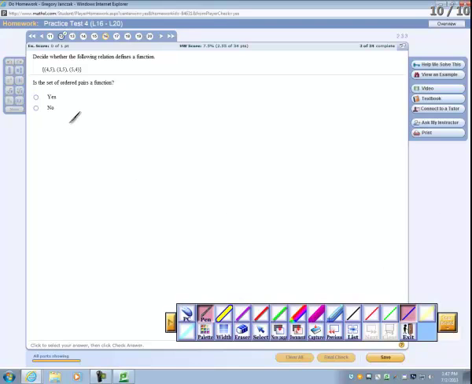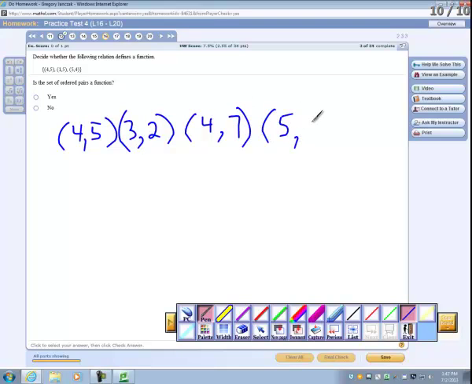Now, if we had something like this, 4, 5, 3, 2, 4, 7, 5, 9, is that a function? That's right, it's not, because the 4s have both a 5 and a 7 in it. Okay? So that's not a function because the 4s do not have only one y.